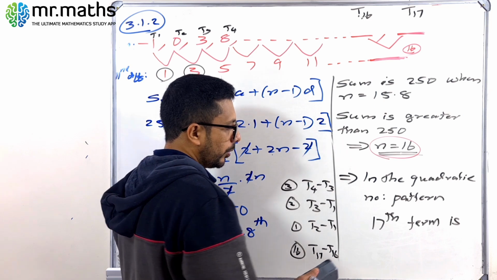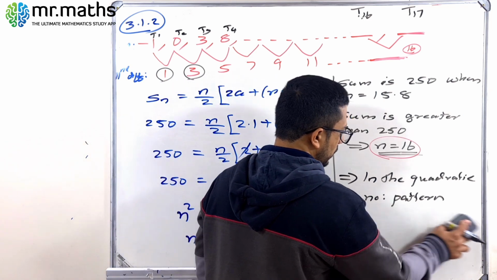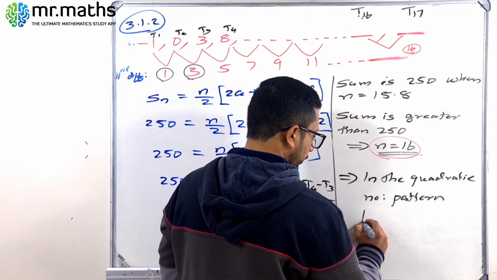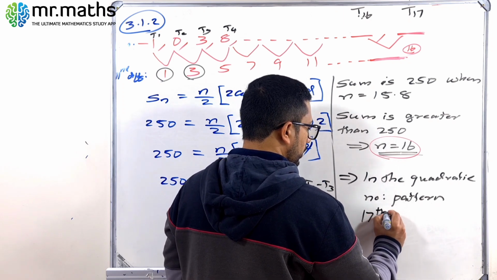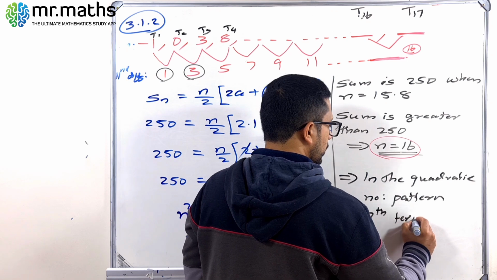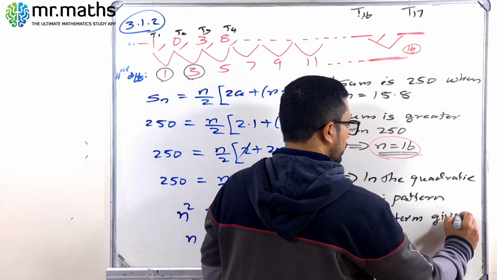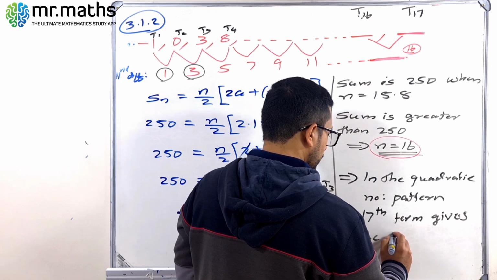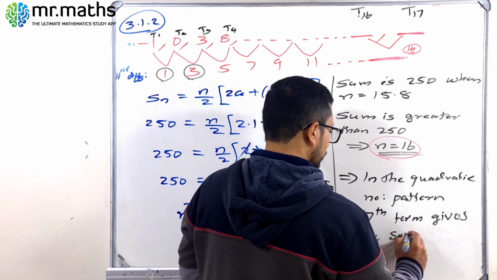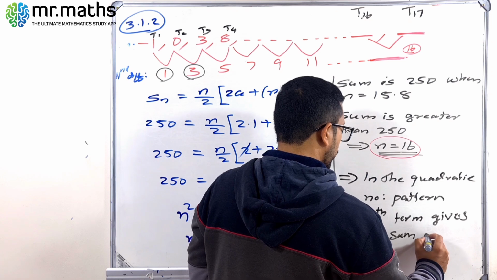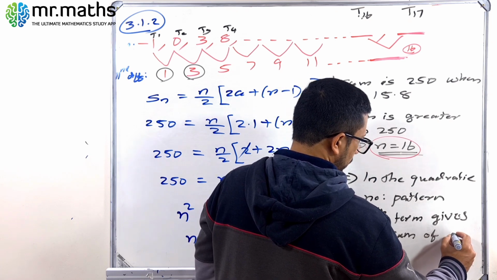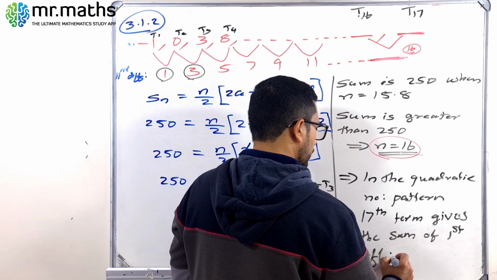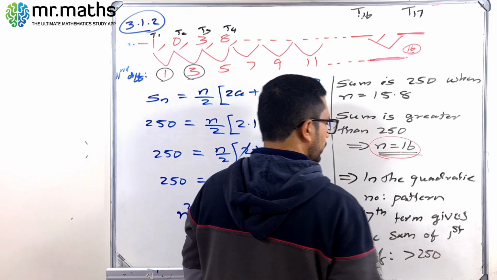So in the quadratic number pattern, the 17th term gives the sum of first difference greater than 250.